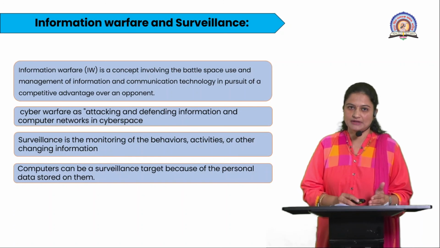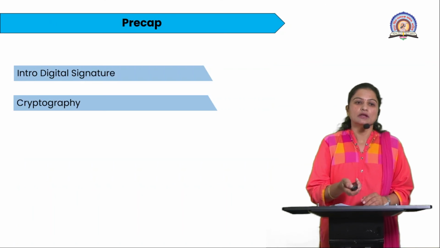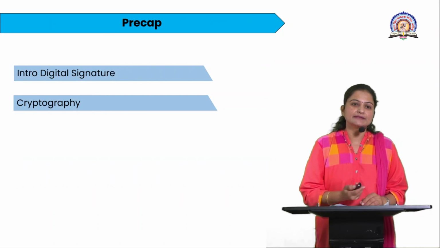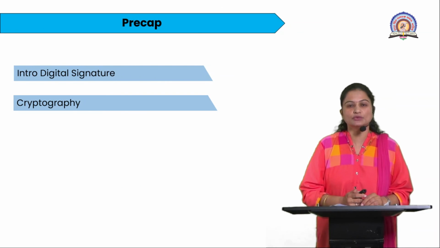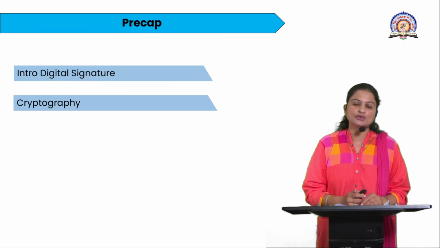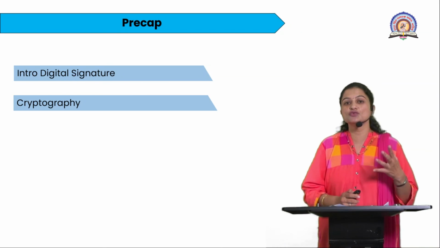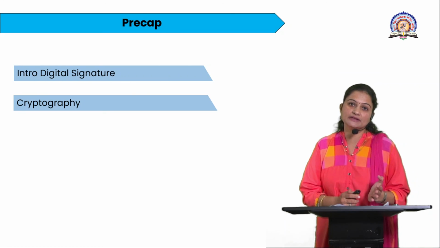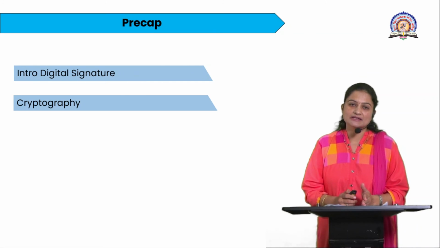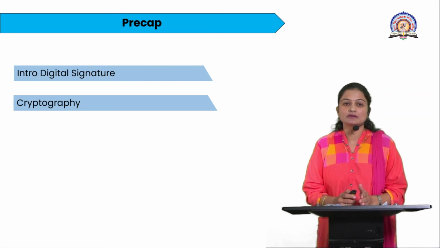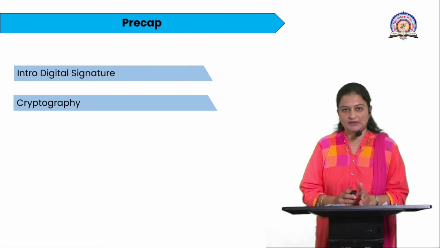Okay. Now, in the next session, we are starting with the fourth unit, and in that, we are going to introduce you to the digital signature concept, which we use for protecting the data and making the data authorized, as well as we are going to learn the system of cryptography.